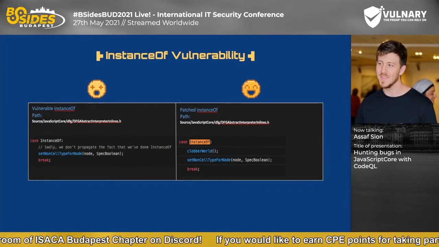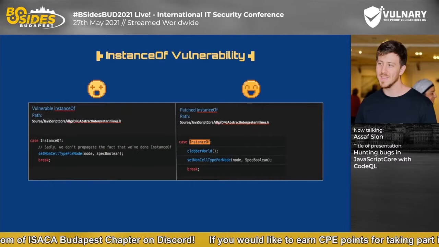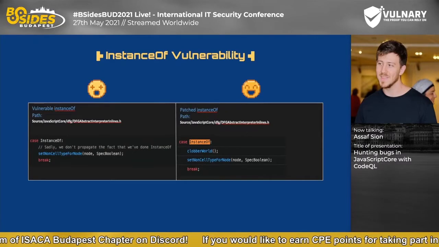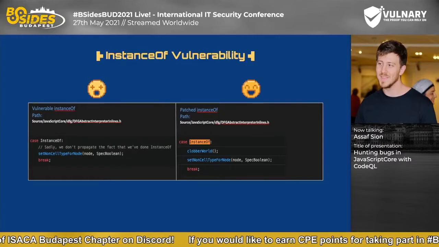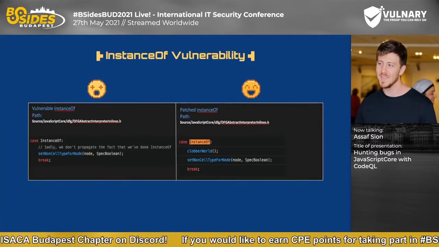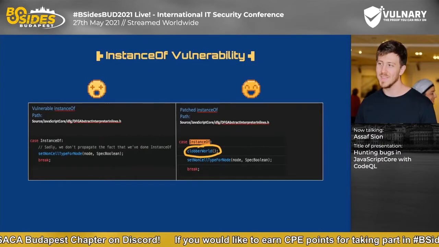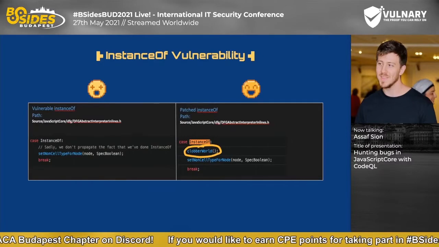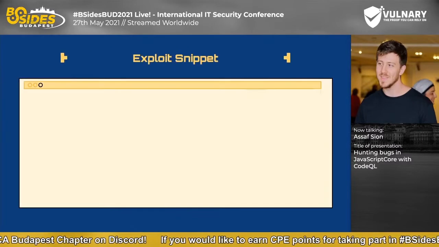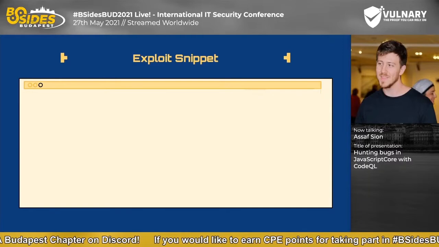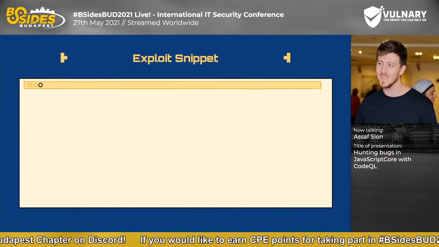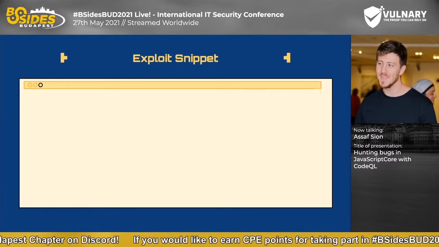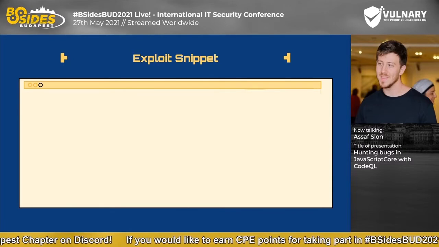So this tells us that the vulnerability is indeed around the side effect modeling that JavaScriptCore was doing for that operation. We know that the instanceof operation wasn't modeled correctly. Therefore, we simply need to find how it is possible to trigger side effects using that operation.